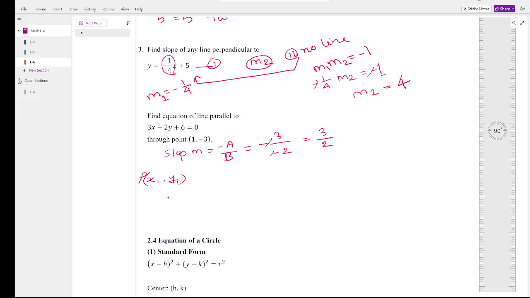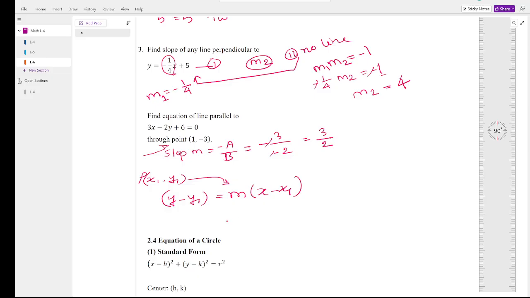The equation is y minus y1 equals m times (x minus x1), the point-slope equation. They give us the point, so we can find the equation.